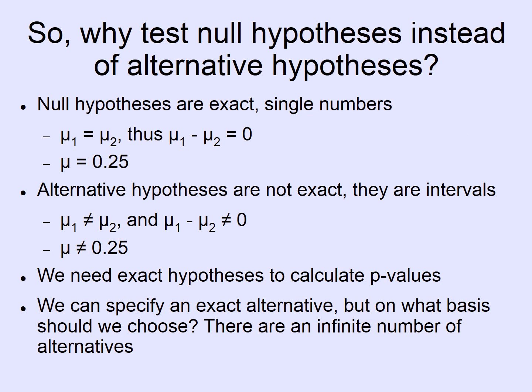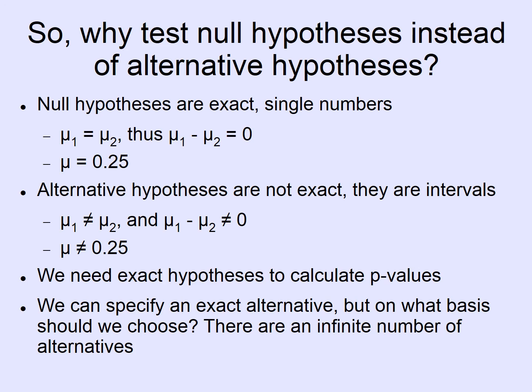Okay, so if you're asking, why am I testing a null hypothesis instead of my alternative, my scientific hypothesis? I'm really after that. Well, here's the problem. We don't know what an alternative value to test for is. The only value that we know that we can test for in our statistical hypothesis testing is 0, null, no difference.